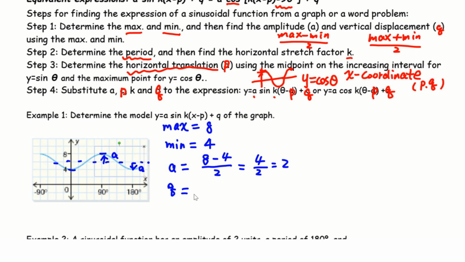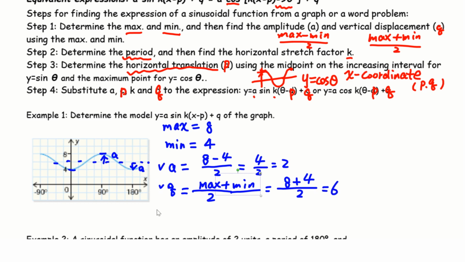Then the middle of the graph is your q value, so it's maximum plus minimum. The a value is the subtraction, the difference, and the q value, the middle, is the plus, the average. So 8 plus 4 divided by 2 gives you 6. So we have a and q.